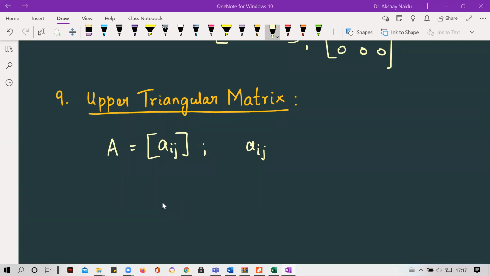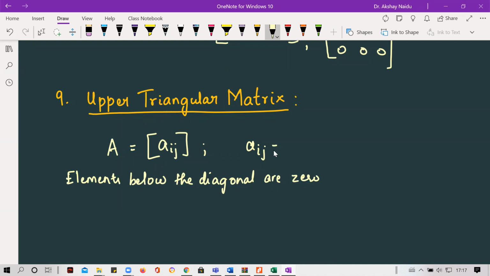So in the upper triangular matrix, what happens is the elements below the principal diagonal are zeros. Okay, elements below the diagonal. When we say diagonal, it is the principal diagonal only. So basically Aij is 0 whenever i is greater than j.